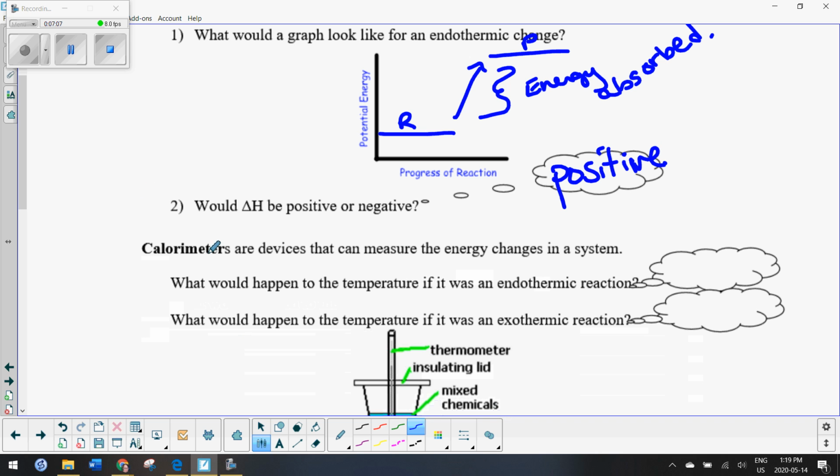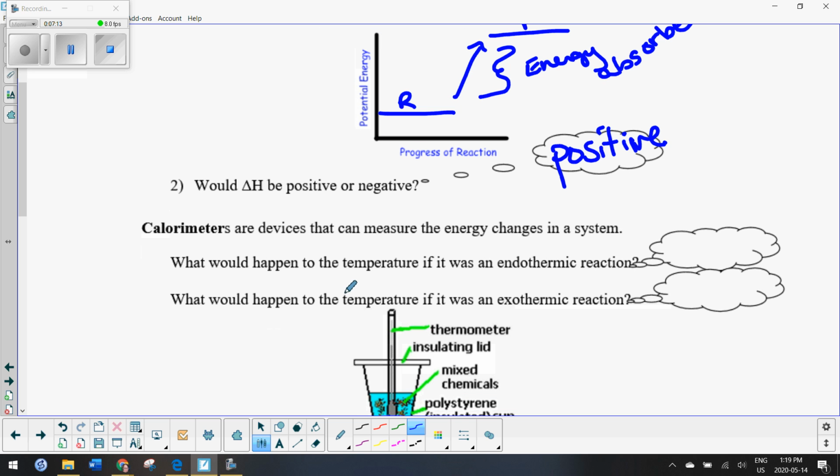So calorimeters are devices that can actually measure how much change is occurring. So if you're looking at a calorimeter, and now we would normally do a lab, but unfortunately we can't. What would happen to the temperature if it was an endothermic reaction?